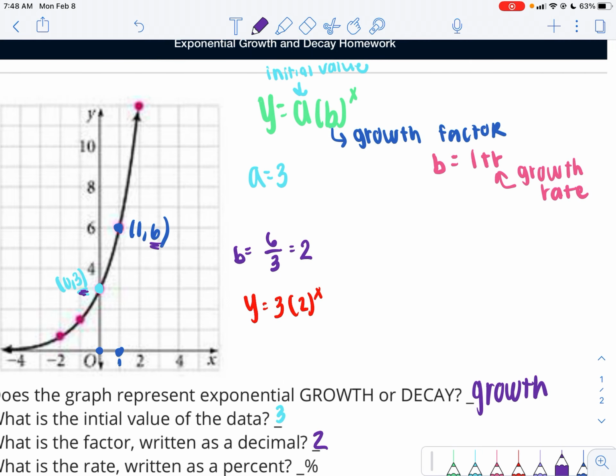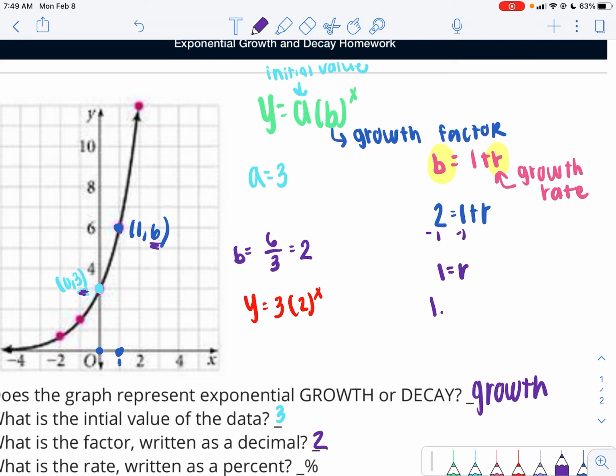Now we want the rate written as a percent. We can see the rate in our equation here, and we also already know what b is, so we can substitute b in. b is 2, which equals 1 plus r. Subtract 1 to find r, and we get 1.